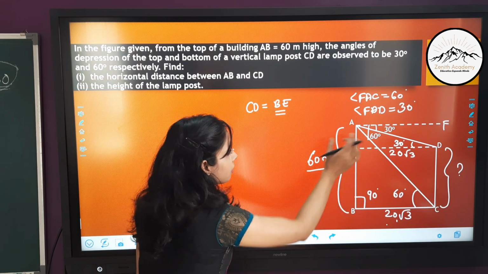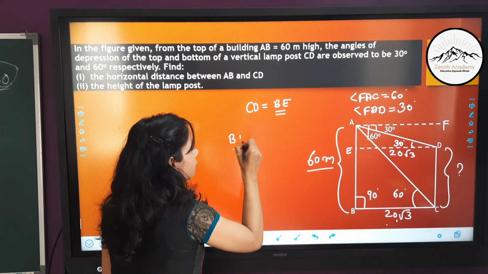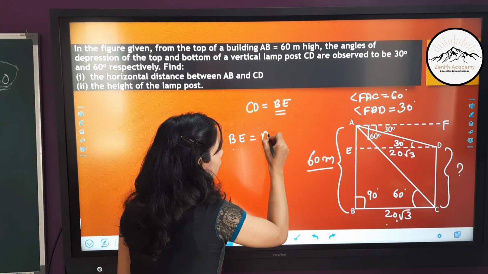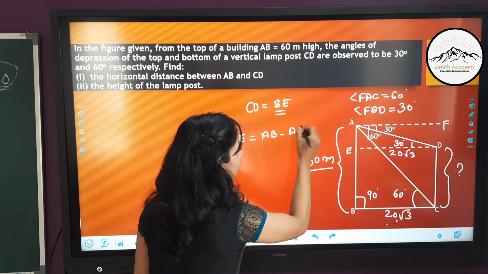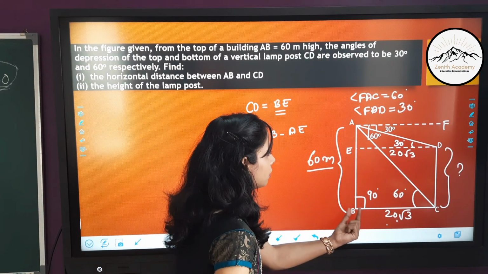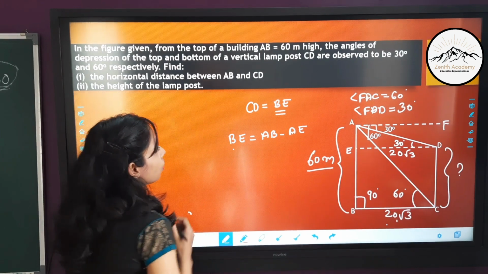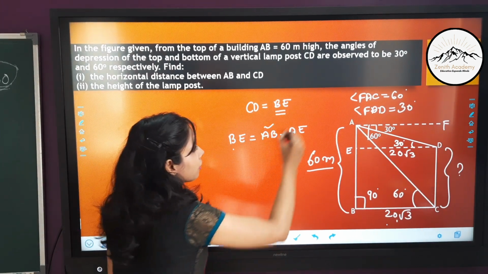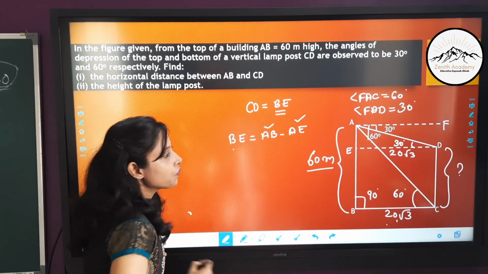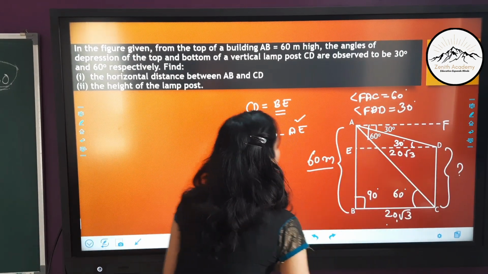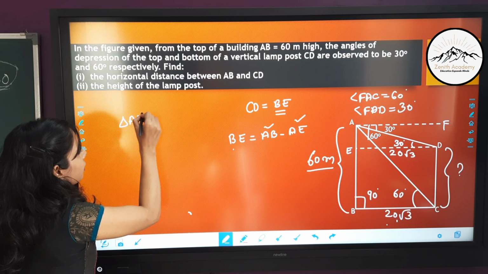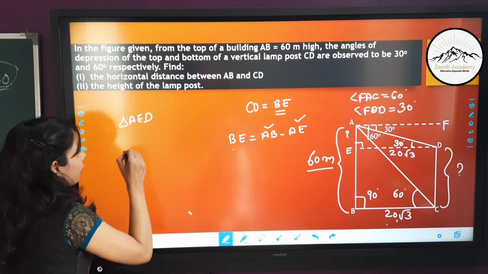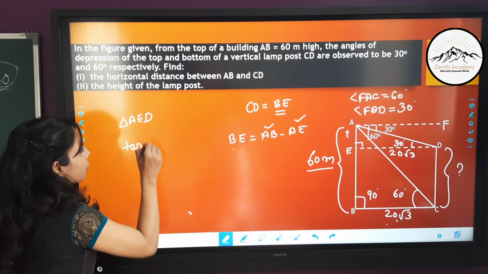So now what is this BE? BE is equal to AB minus this AE. This will give us the distance of BE. So AB we have. Now AE we need to find out. So how can we find AE? See, triangle AED. So now again here we can use the tangent property.